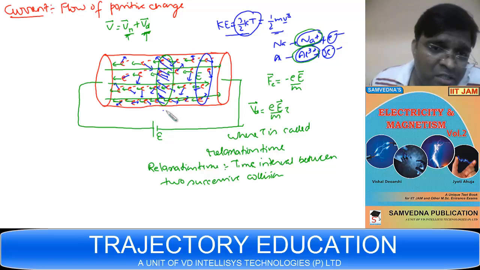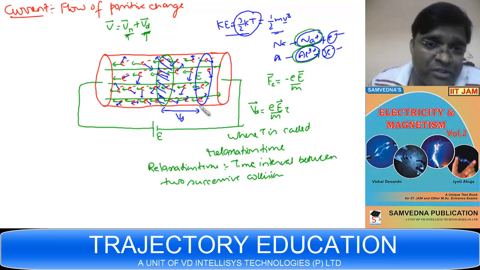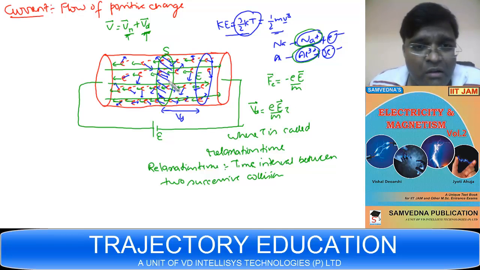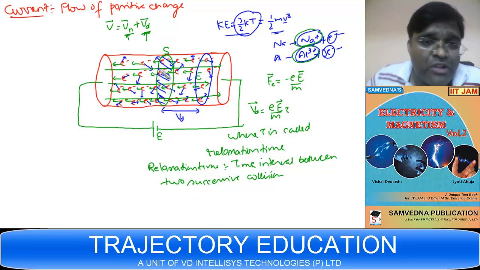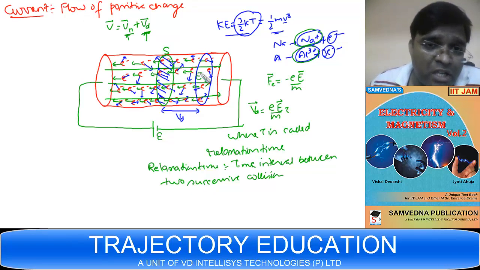So I can say that in the next 1 second, all the electrons lying in a cylinder of length Vd are going to cross this cross section S in the next 1 second.